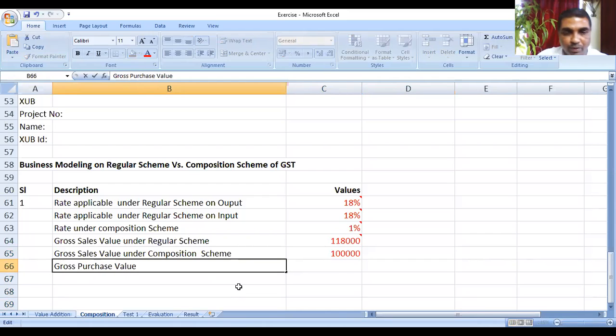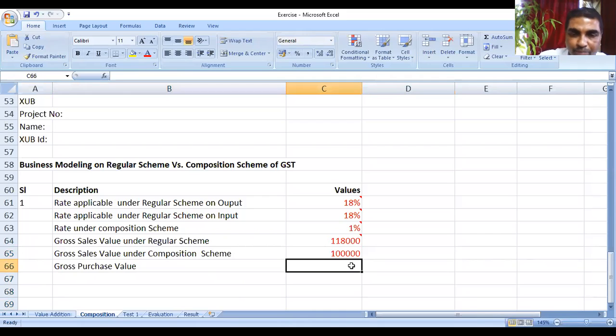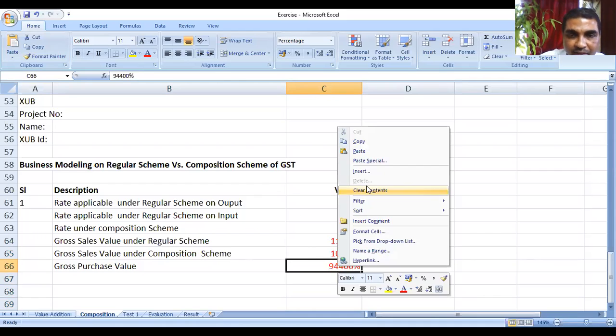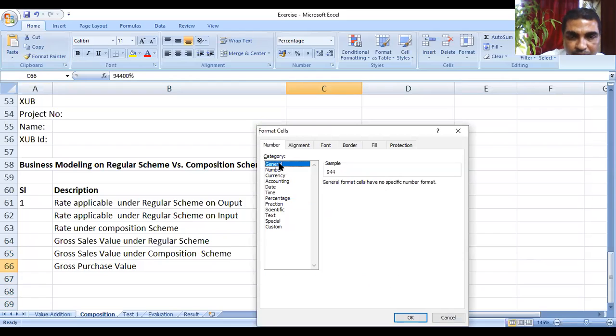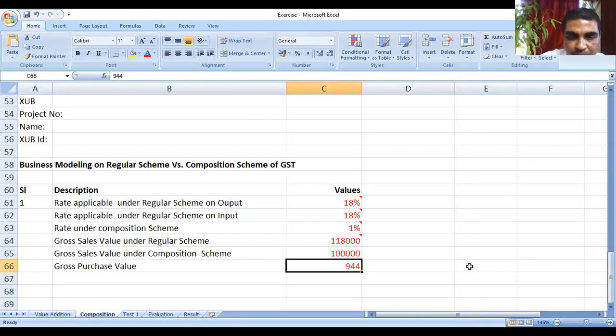In the last example in the previous class, we had taken purchase value something like 80,000 plus 18%, so 94,400. This also has to be filled up manually.